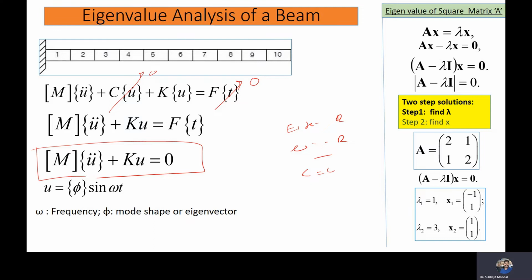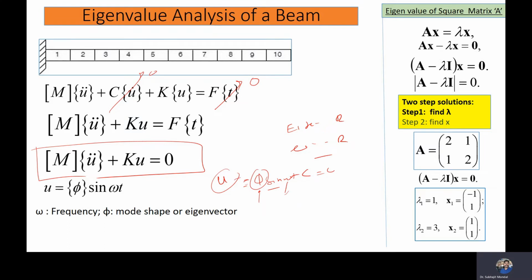Now you can see we are still in terms of u, which means we are still in the time domain. We have to convert things into the frequency domain. So we will consider u as phi sine omega t, where phi is one factor that represents our mode shape or eigenvector, and omega represents our frequency.